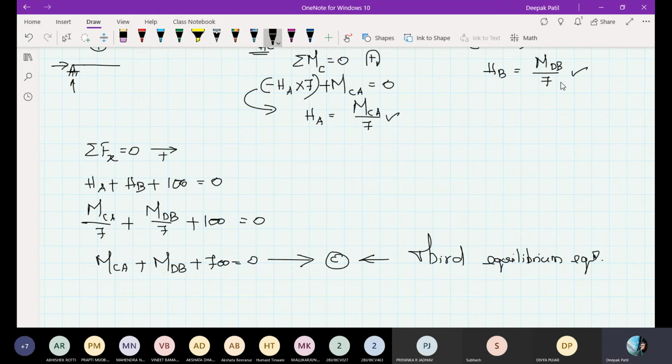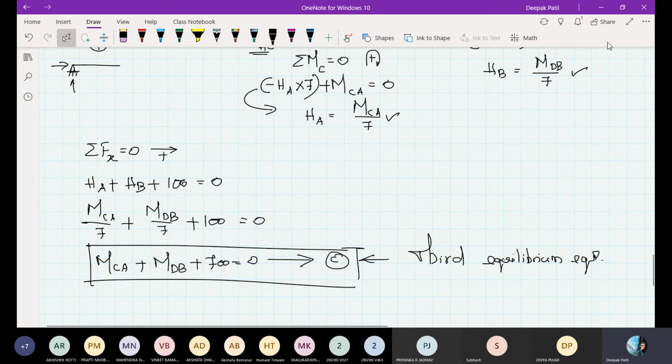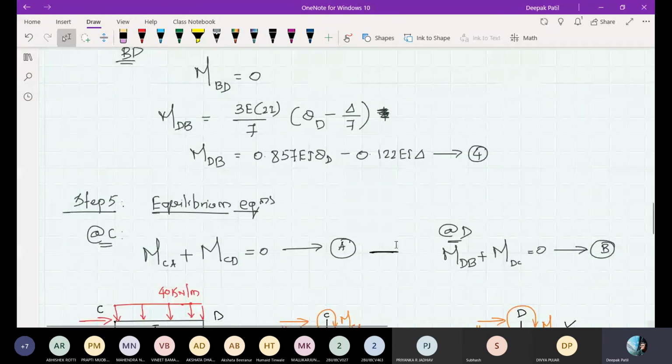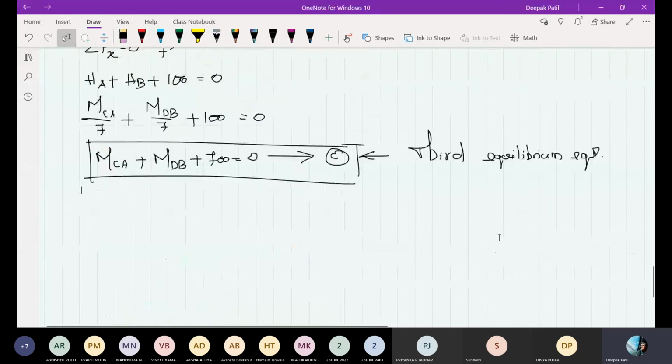Have you understood? Right? So equation A and equation B are the two equilibrium equations, and the third one is this one. Are you clear?